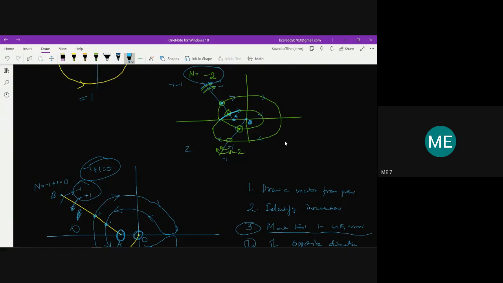Then the fourth step is if there is opposite, then cancel each other. But it is not opposite. Both we are going to count as -1, -1. So n is equal to -2. So there are 2 encirclements for this particular point A, in a clockwise direction. Both paths are in clockwise directions. Okay. So this is the concept of encirclement.